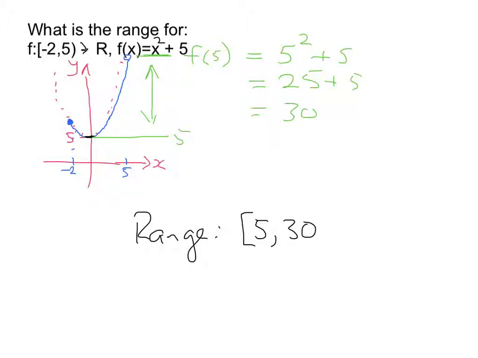And does it actually equal 30 at the top, or is 30 our limit? And that's corresponding to our round bracket and domain, so we're going to use a round bracket again there, because that's the limit, but it doesn't actually equal that value of 30 in the range. Let's move on to the next question.